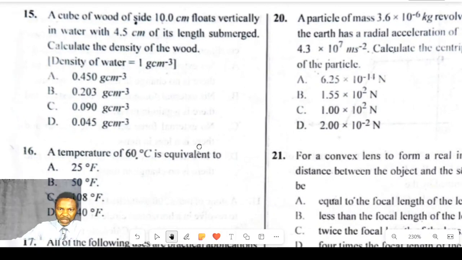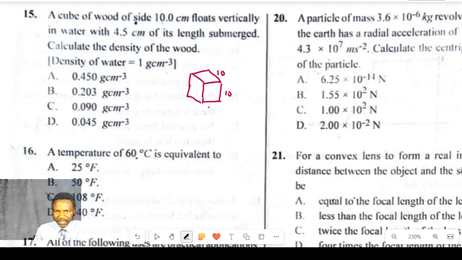This has to do with fluid at rest. You have a cube of wood. So if it's a cube, the dimension is 10, 10, 10 cm.